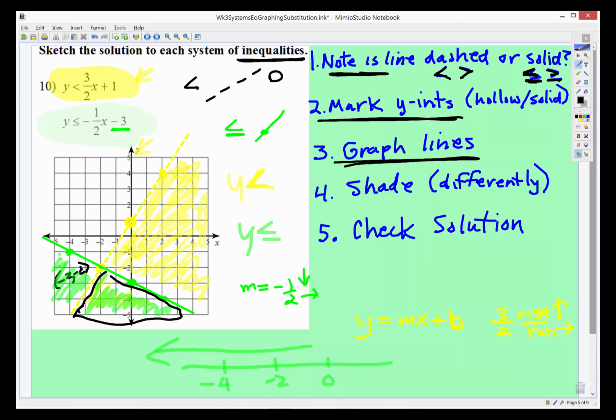Some people like you to check at least two spots, one inside the area that's a solution and one outside. So if you check outside where they're both shaded, make it easy on yourself.